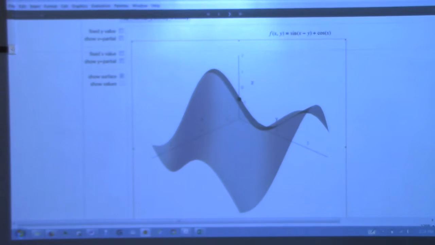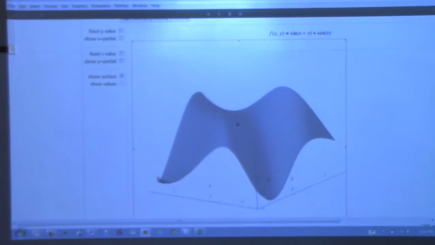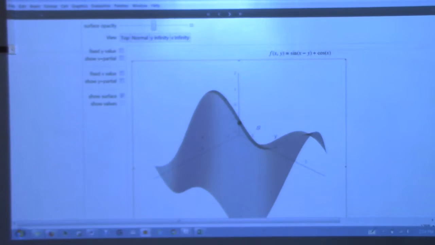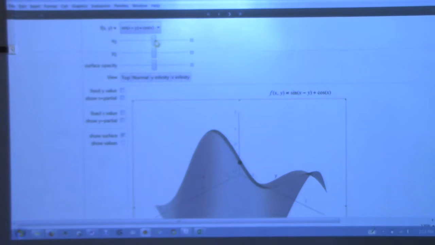All right, here's a surface. We all see this? We have a point. Try and move this point where we can see a little better. Get back over here. There we go.